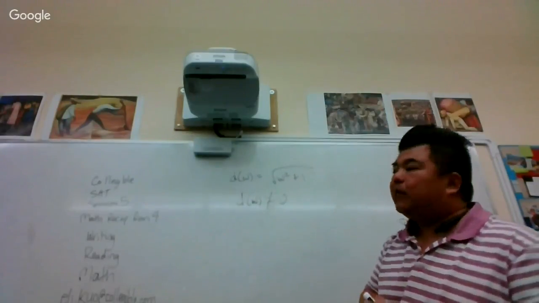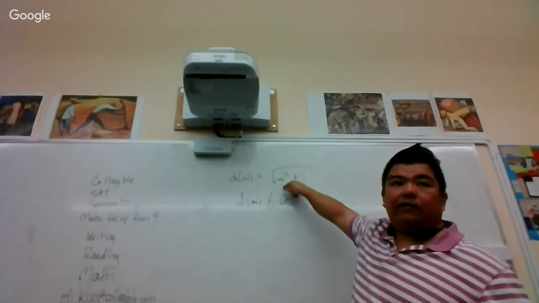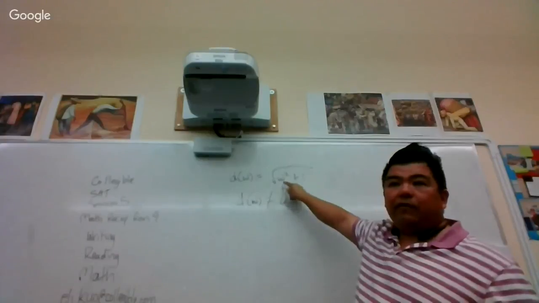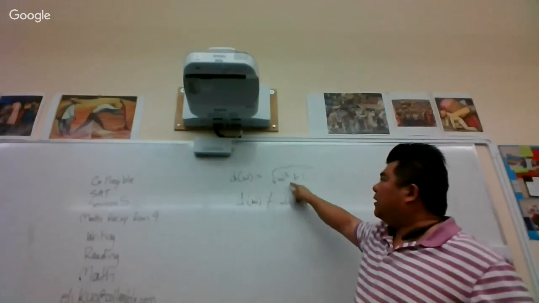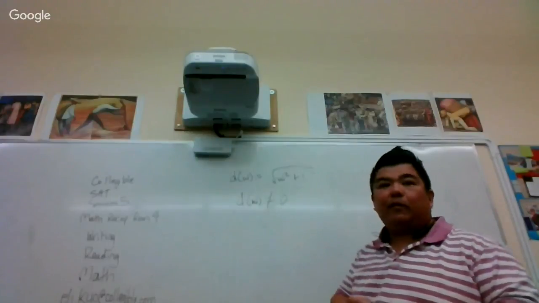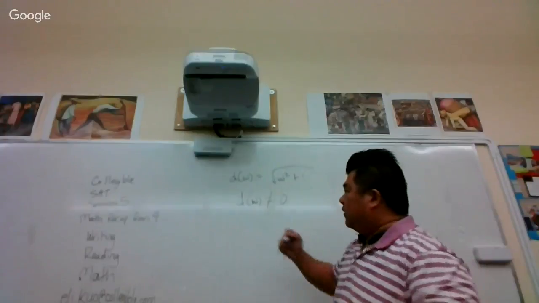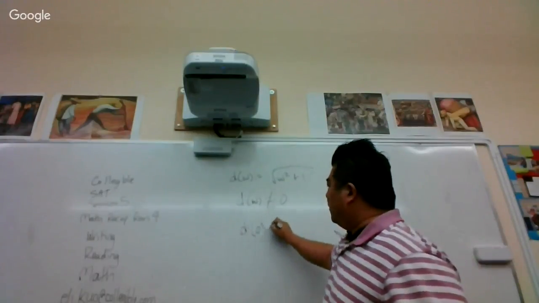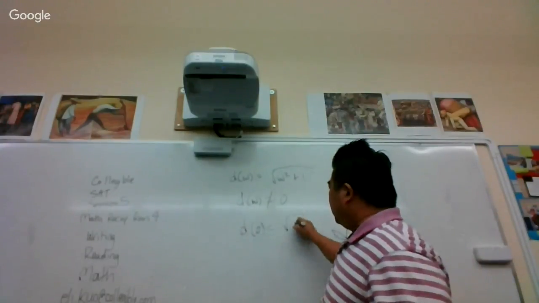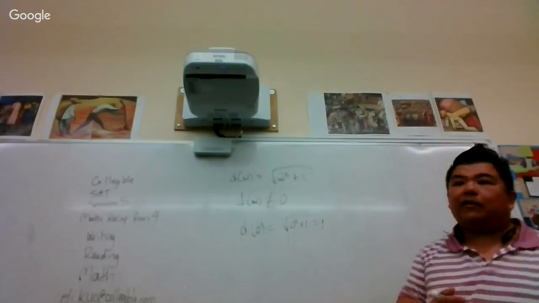It can never equal 0, because no matter what you put in here for w, positive, negative, fractions, it will never eliminate this 1. Similar to the previous problem, if you put 0 in there as w, so it was d of 0, then this is really 0 squared plus 1. It still equals 1. That's the smallest possible value.